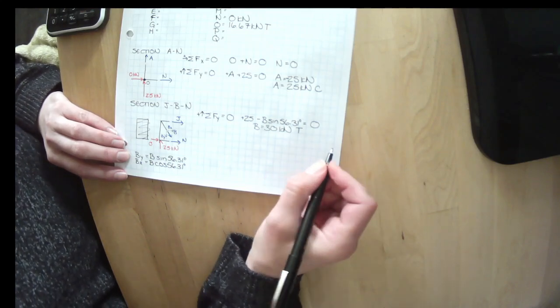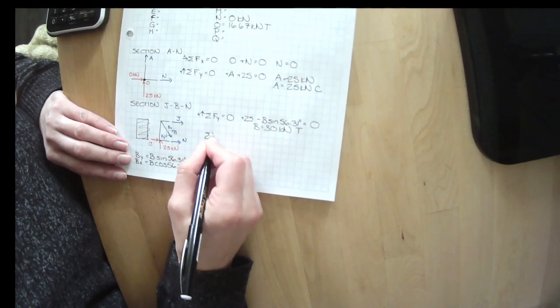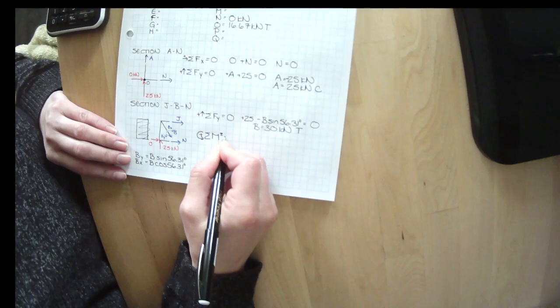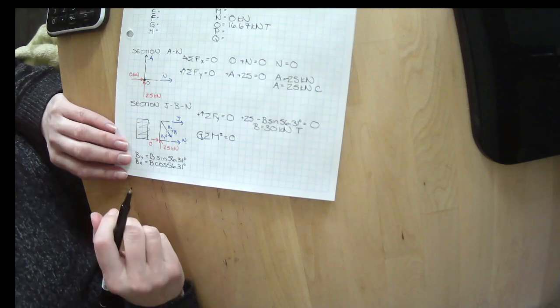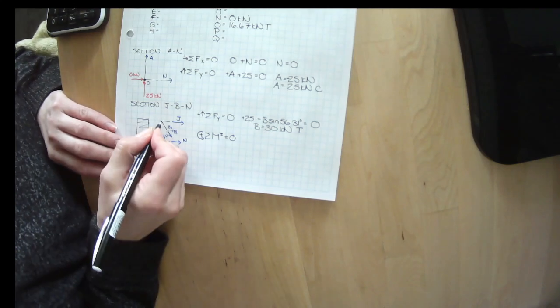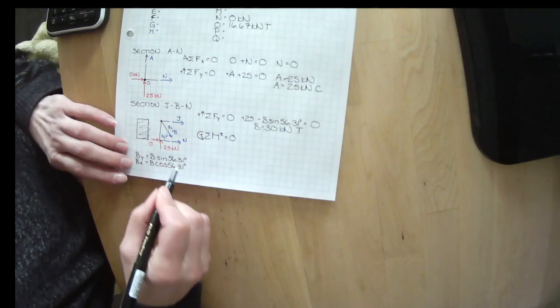We can sum the moments about a point. Sum the moments about the z-axis, where everything in that direction is positive. We want to know what it takes to be 0. I am going to pick, no, I'm not going to pick that point.